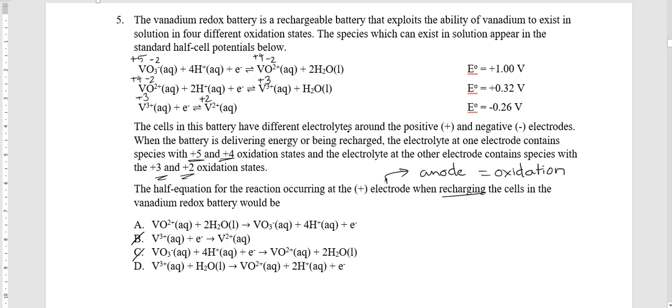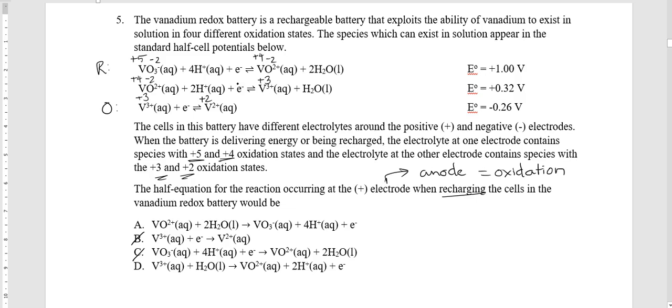So if that is the case, then your reduction during discharge is going to be the first reaction. This is reduction on discharge, and this is oxidation on discharge, because it's already arranged in the correct order, so the higher one is going to undergo reduction spontaneously.